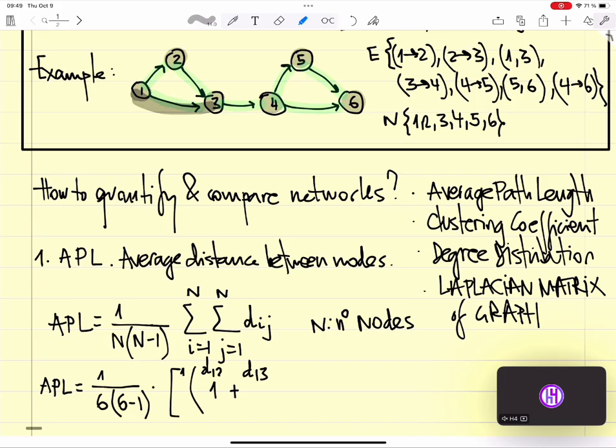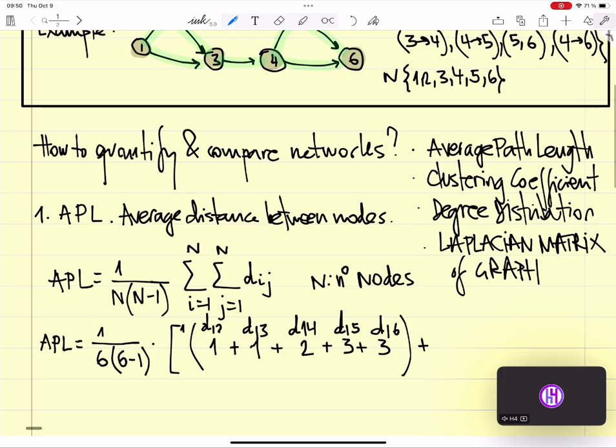Okay? So the distance between 1 and 4 is 2 steps. The distance between 1 and 5 is 1, 2, 3 steps. The distance between 1 and 6, 1, 2, 3 steps. All right? So this is the distance between 1 and everybody else. Is that okay for you?